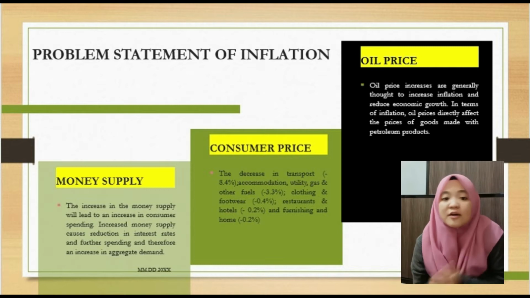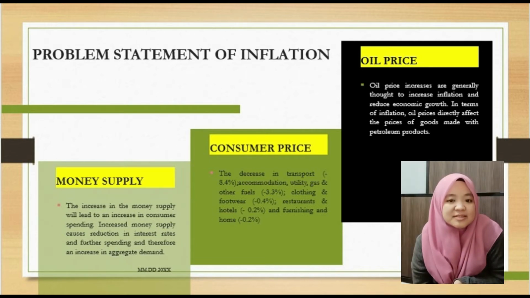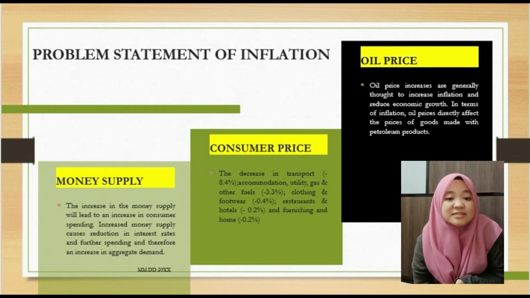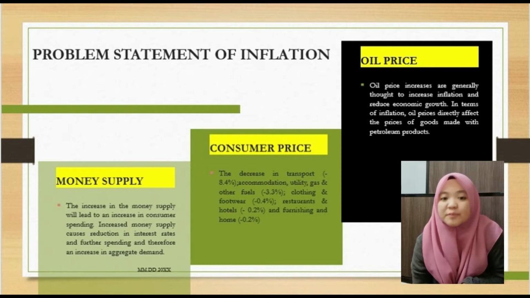The decline in the overall index was due to the decrease in transport, which is -8.4%, accommodation, utility, gas and other fuels, which is -3.3%, clothing and footwear, which is -0.4%, restaurants and hotels, which is -0.2%, and furnishing and home, which is -0.2%.